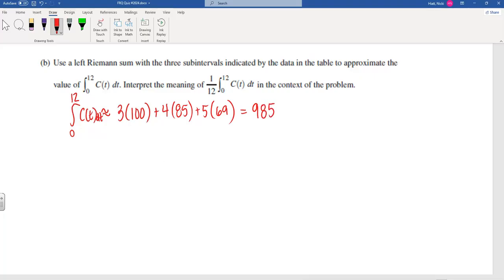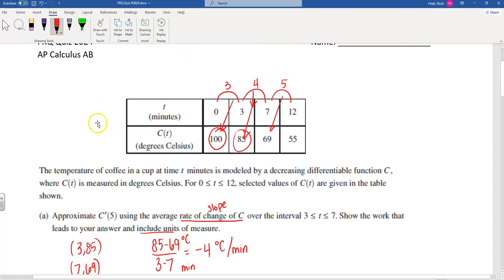Okay, now, notice they don't ask for units right there. That is because C itself is degrees Celsius. And when I integrate, that goes back up, right? So C is degrees Celsius.